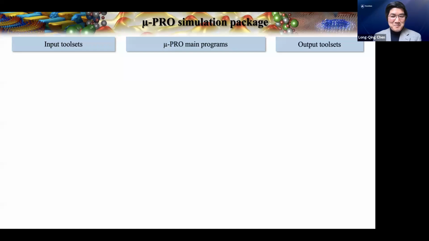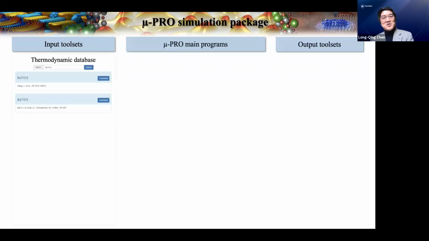Now, through the years, we have built our own software package. We even commercialized part of it. So we have this so-called MIL-Pro simulation package. Essentially, it's a phase field package. It's quite convenient to use. We have tools for both input and output processing.